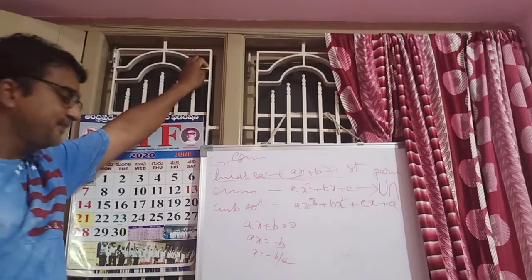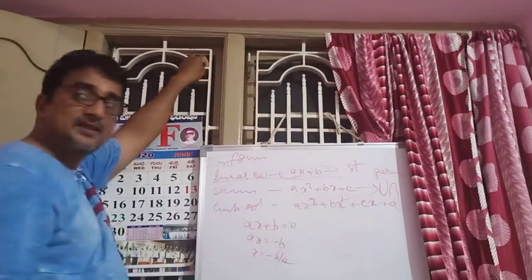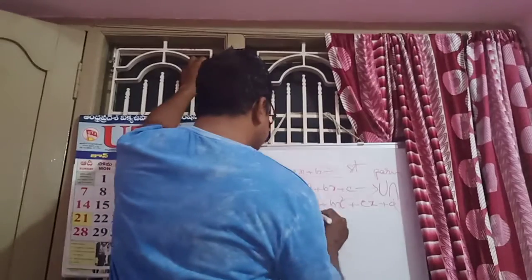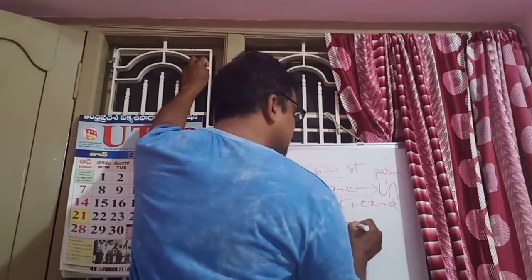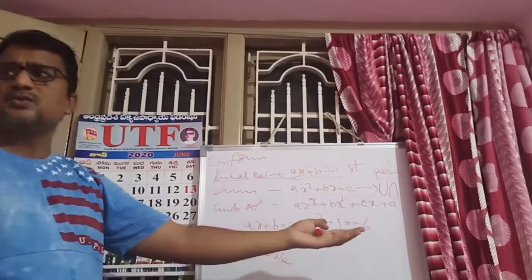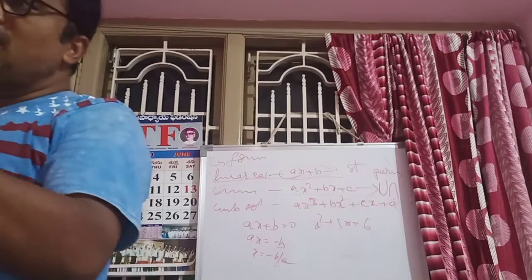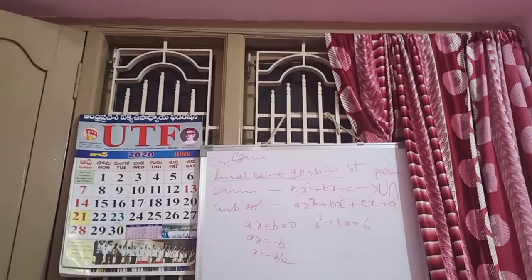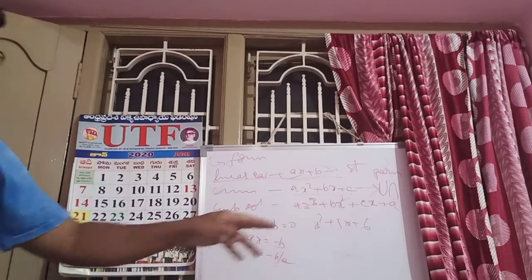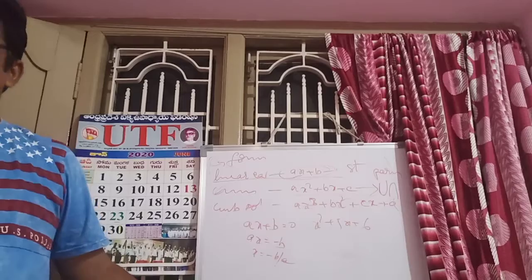Next, this is ax square plus bx plus c. For example, x square plus 5x plus 6. This is the quadratic polynomial. Find zeros. Zeros means you must equate the given polynomial to 0 and find the variable. Here, what is the variable? x, one variable.